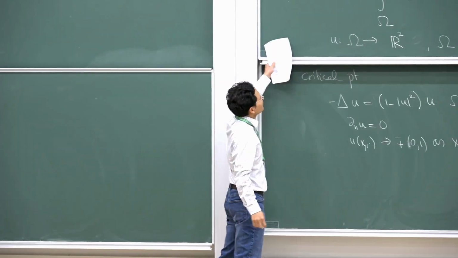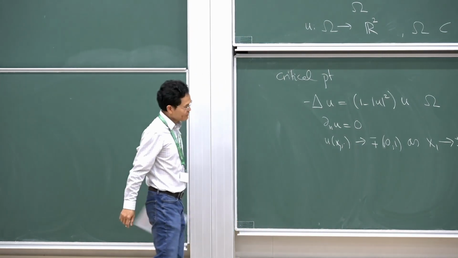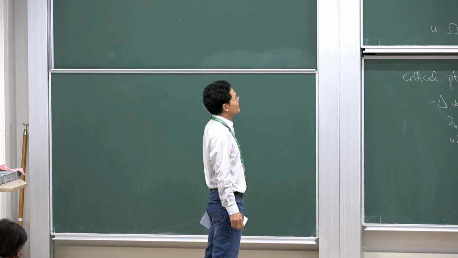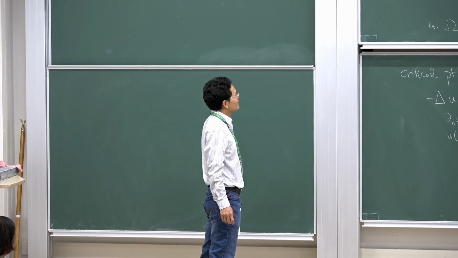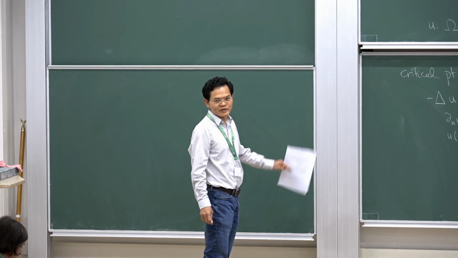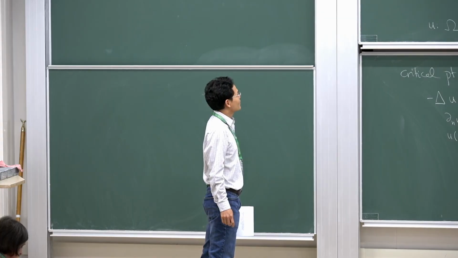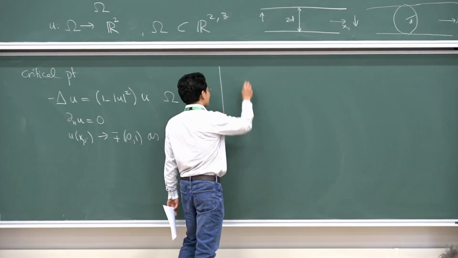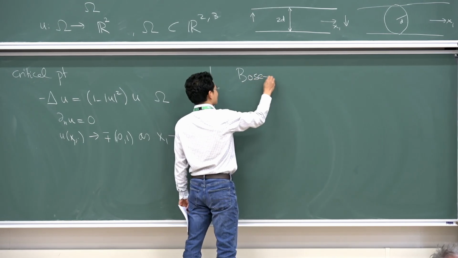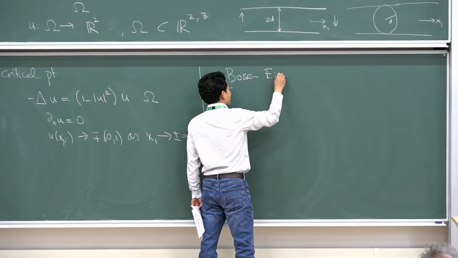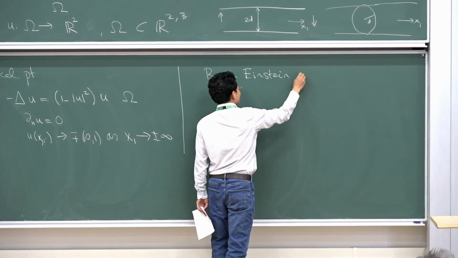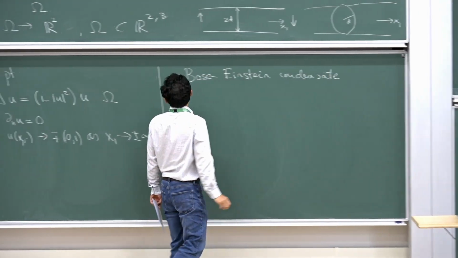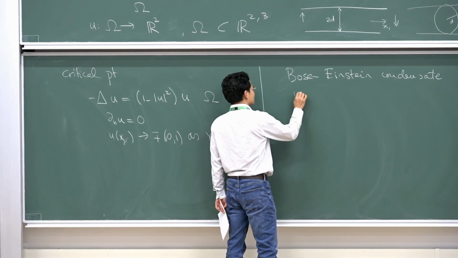This model comes up in a number of physical contexts. Today we've seen a lot about liquid crystals. It shows up in the Ginzburg-Landau model for liquid crystals, but the context I'm describing today is Bose-Einstein condensates, where u is your wave function.